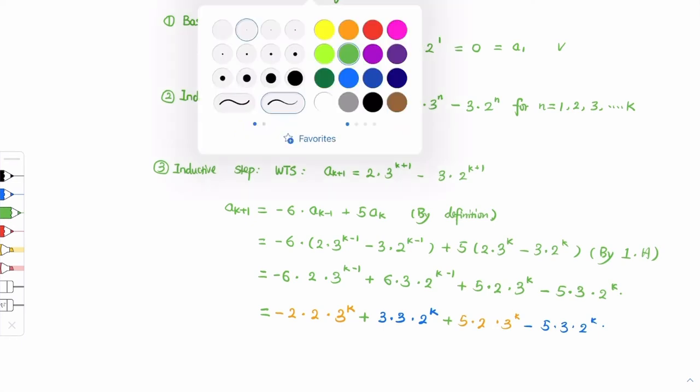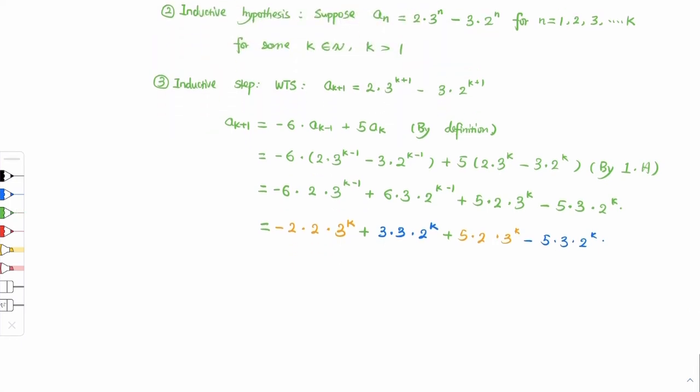Let me use orange. So negative 4 plus 10 is 6 times 3 to the k. Minus or plus. That's 9 minus 15, so minus 6 times 2 to the k.